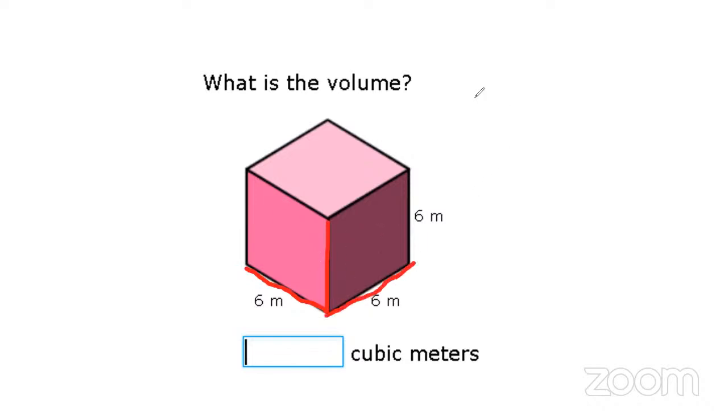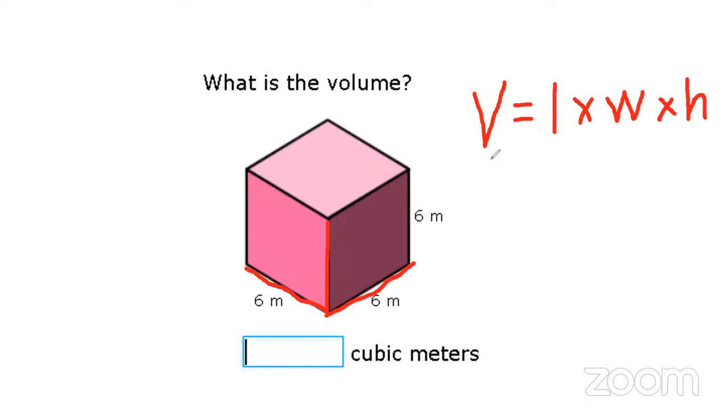So when we're finding volume, we're finding the product of the length times the width times the breadth, or times the height, whatever you want to use, because these dimensions we may name to be specific, but they're all really lengths.